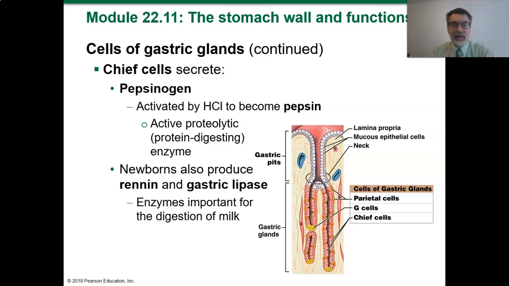And also, that lower acid content is going to allow some of the good bacteria they're initially interacting with to colonize their stomach, creating what we talk about in microbiology as the microbiota, or the normal flora of your digestive system. But as adults, we're not making much gastric lipase, and even if we do, the very acidic nature of our stomach would inhibit any real gastric lipase activity going on.